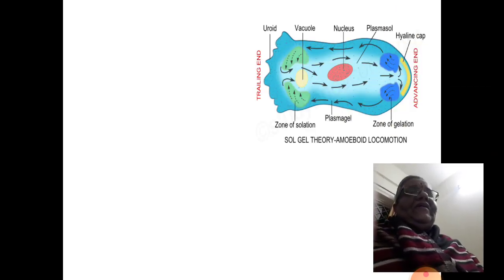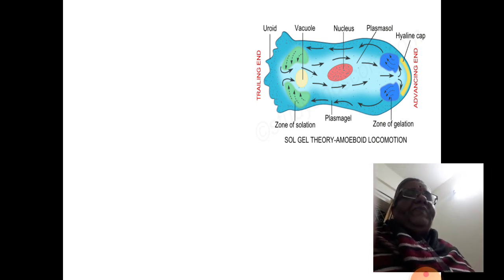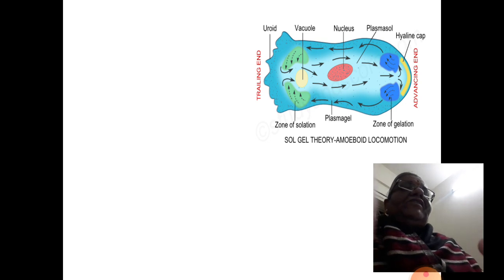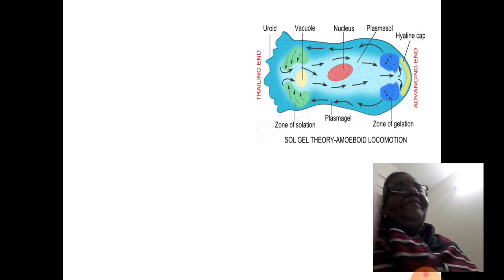You can see here the diagram of amoeba explaining the sol gel theory. Whatever you are seeing in the peripheral region, the dark blue color, that is ectoplasm or the plasma gel, and inside you see the light blue colored fluid, that is plasmosol.